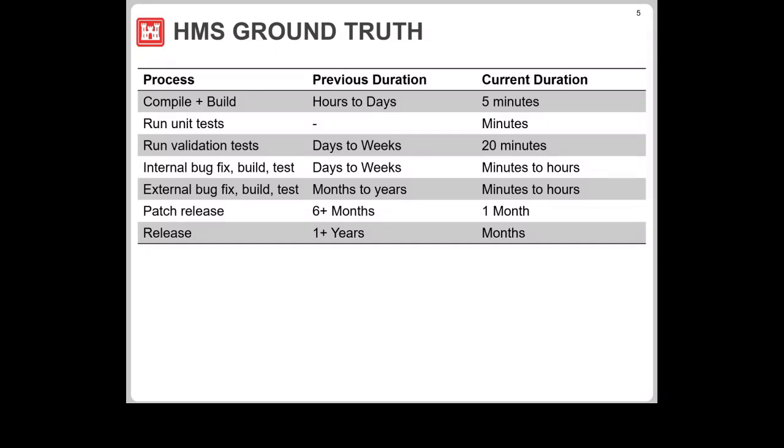And then when external bugs come in, those used to be tied up in those big release cycles, and now we're able to fix those and get releases either through our beta or through patch fixes out to the field. So we've been turning bug fixes around in our betas pretty quickly. And then, yeah, there's the patch fix. We used to do those sparingly.